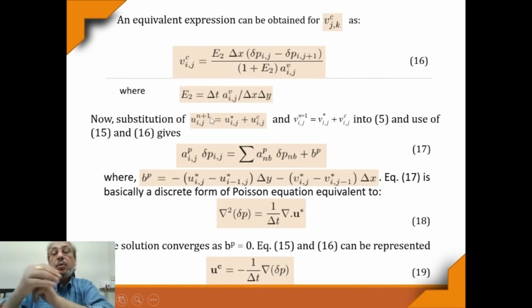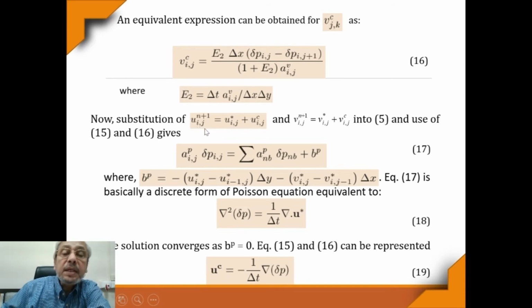In the original continuity equation, equation 5 of the previous lecture, where we derived the discretized equation, u_ij^(n+1) and v_ij^(n+1) are substituted through these starred and correction quantities.